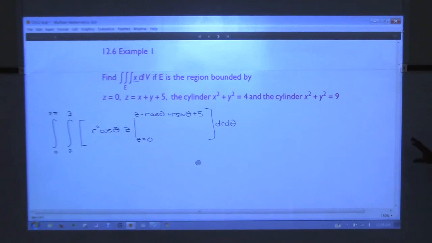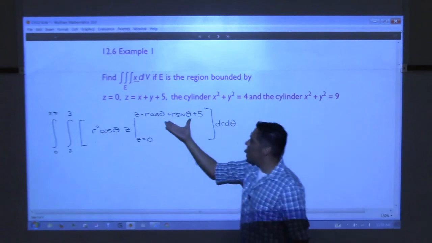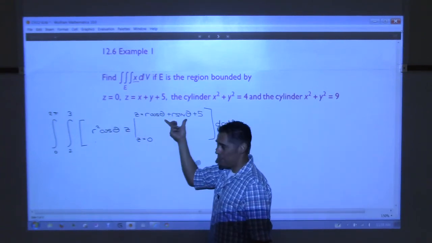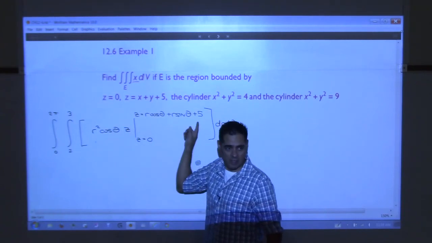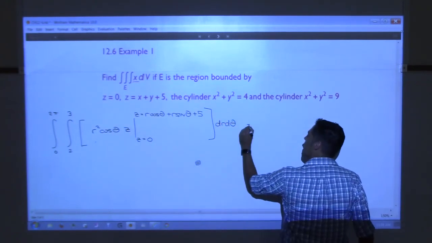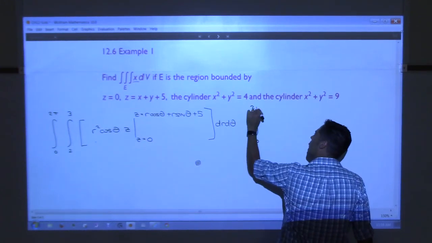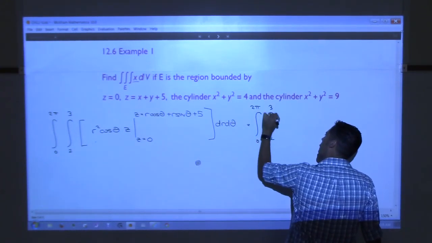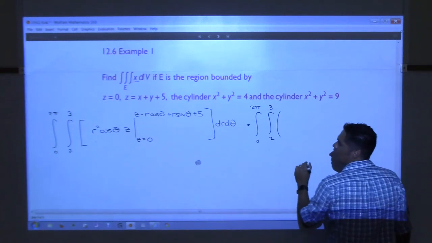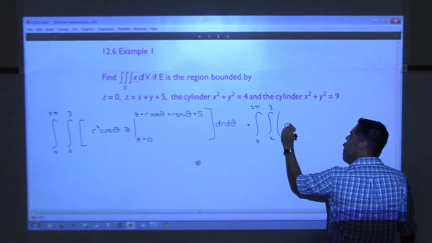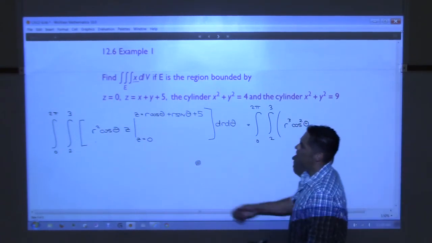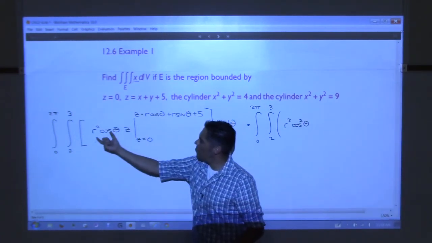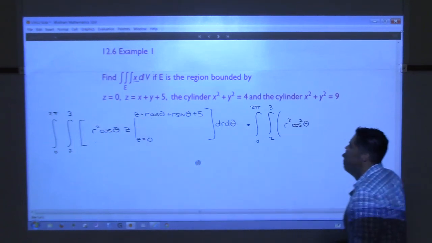Z equals 0 is the easy one because it kills everything off, right? But now I've got to go in here, I've got to replace z right there with this, which means the r squared cosine theta is going to distribute to each of these, isn't it? So that becomes integral 0 to 2 pi, integral 2 to 3, and let me just go ahead and distribute that. So we're going to have r cubed cosine theta squared. So that was the r squared cosine theta times r cosine theta.